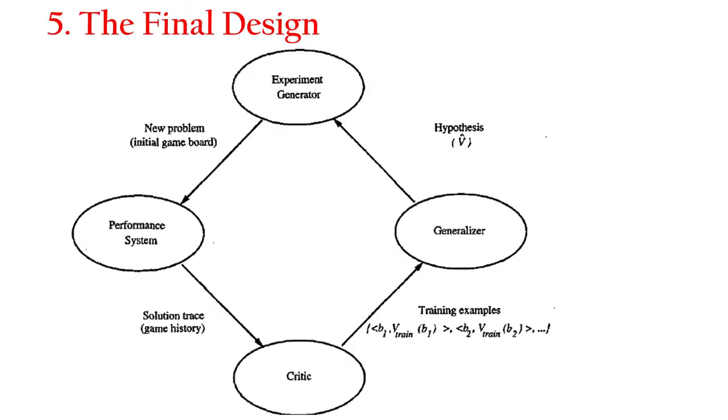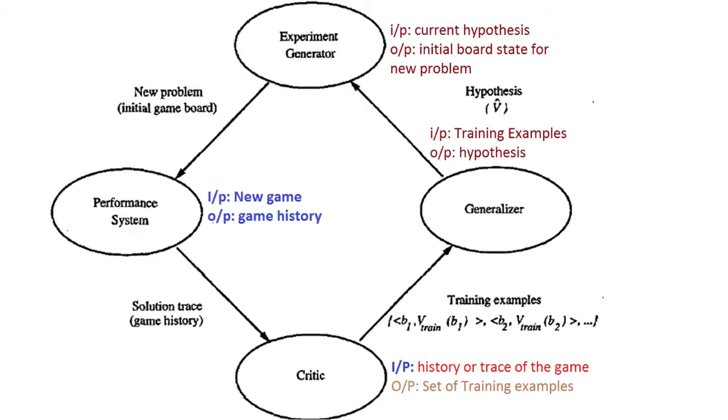The final design of the Checkers learning system can be described by four distinct program modules that represent the current components in many learning systems. They are the performance system, critic, generalizer, and experiment generator.